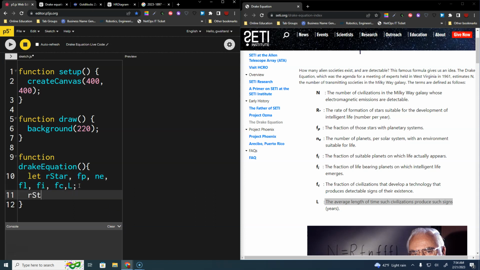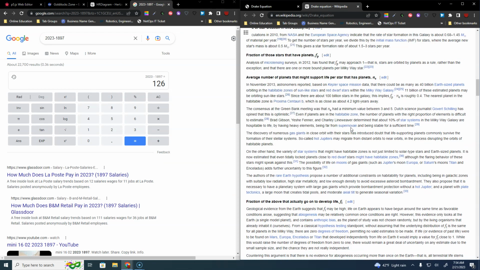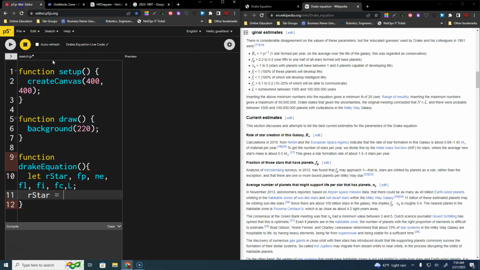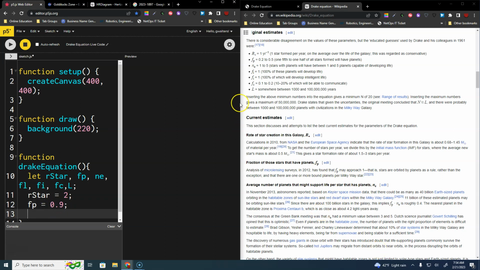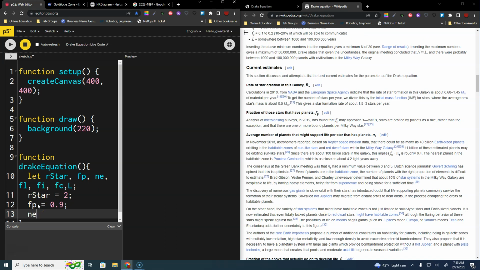We're going to give values for each one of those. So R star, we already saw, had a value of, let's move this over here, current is 1.5 to 3. So let's say 2. Let's do F of P, fraction of those that have planets, and they said that it was approaching 1. So let's do 0.9. Then we do our N of E, which we saw was closer to 4.